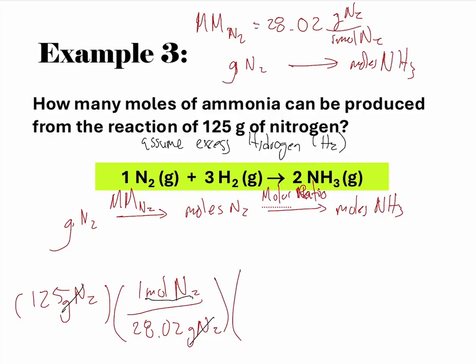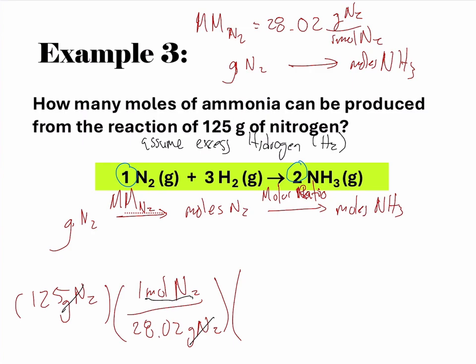Then we need to go to moles of ammonia. And so what's the molar ratio here? Yeah, we have 2 moles of ammonia because we get that from the balanced chemical equation. 2 moles of ammonia for every 1 mole of nitrogen gas. Right, what that's saying is for this reaction to happen one time, we need 1 mole of nitrogen gas, and that produces 2 moles of ammonia.